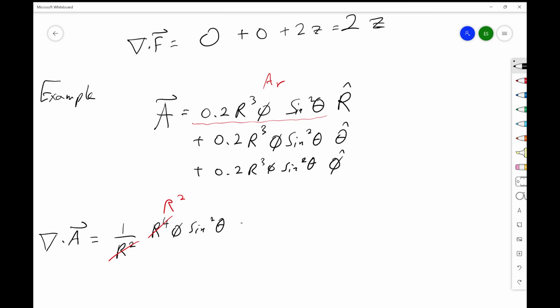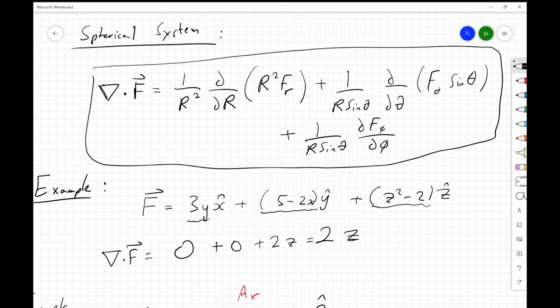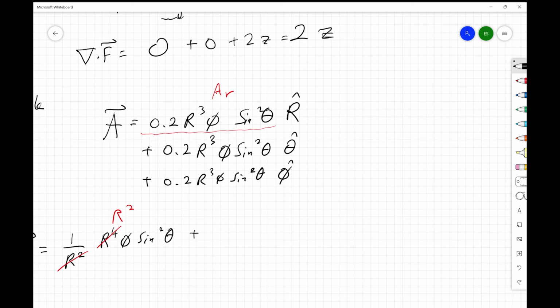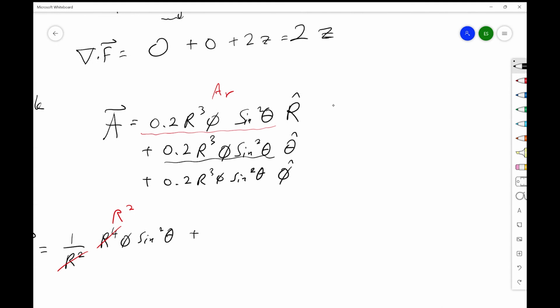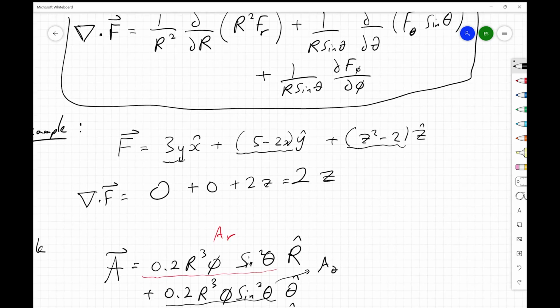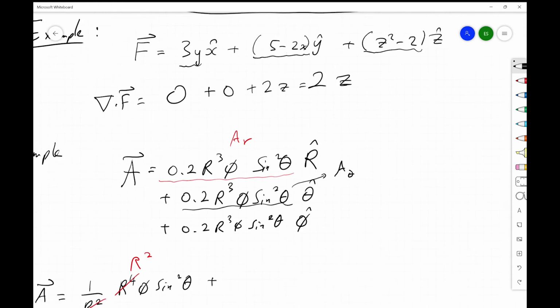And then I'm going to do now the second term. The second term, 1 over r sine theta. So I need to take f theta, or A theta in this case, which is this. This is A theta. I need to multiply it by sine theta, so I end up with sine cubed here, and then differentiate with respect to theta.